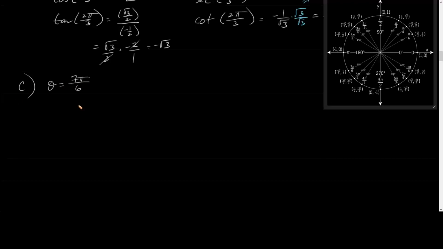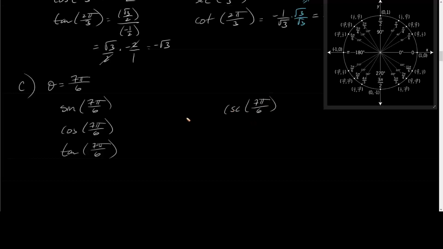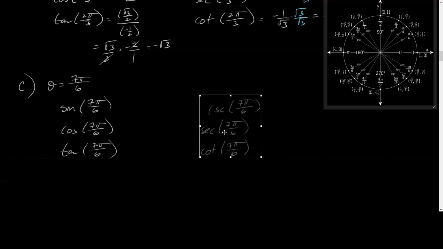So in here, we're really looking for sine of 7 pi over 6, cosine of 7 pi over 6, tangent of 7 pi over 6, the reciprocals, cosecant of 7 pi over 6, secant of 7 pi over 6, and cotangent of 7 pi over 6. And let's move that a little bit.